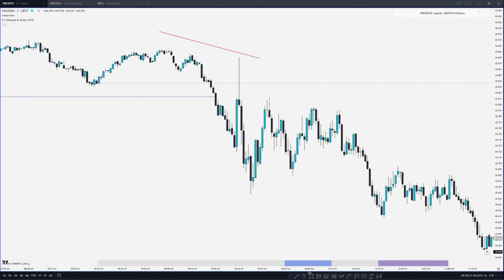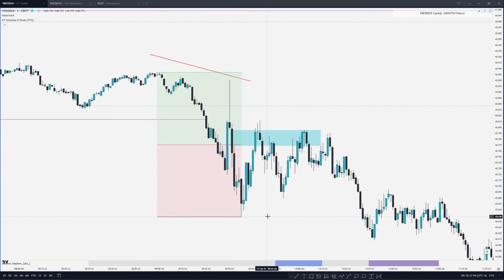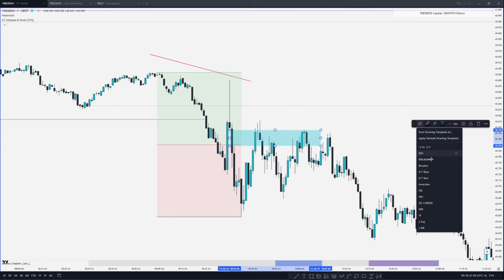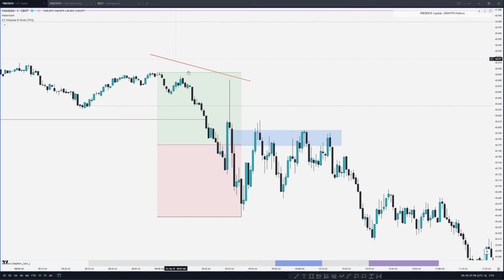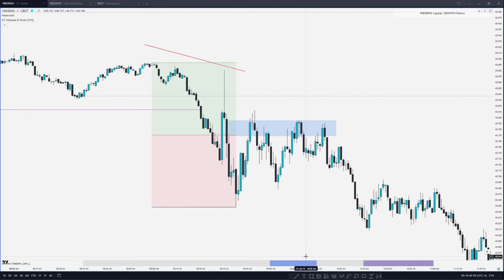Like if you have 950 macro, you've got fair value up here in premium of this dealing range, a little bit more accumulation in this range. Obviously there's no breaker, right? The breaker will form most times, in this case if we're bearish, on the stronger one.